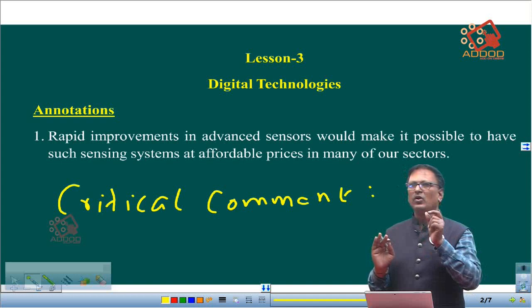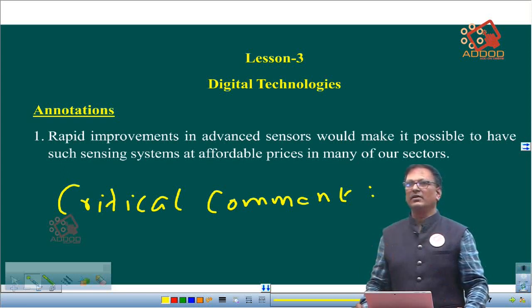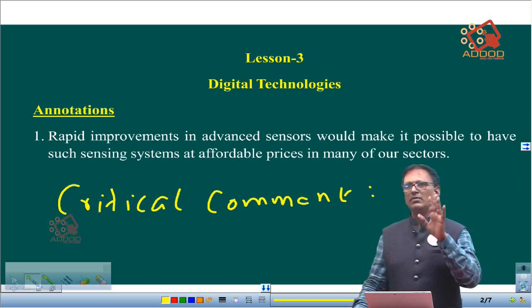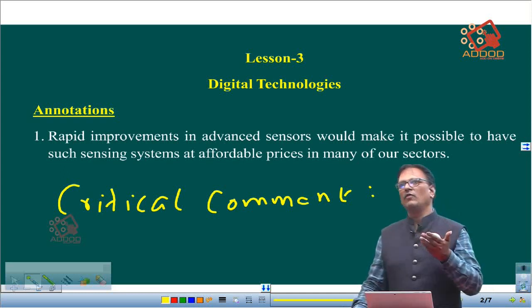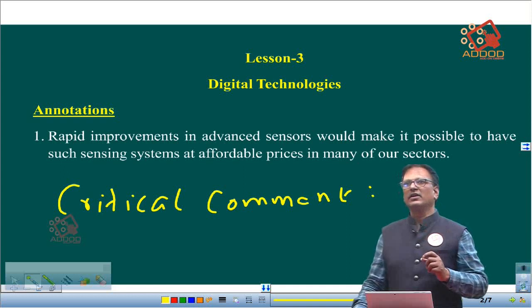People will definitely get impressed by whoever has given their own views on that topic under critical comment. I am telling you 100% sure that tomorrow the evaluator who evaluates your answer paper will definitely notice the difference in the points you have written in critical comment.